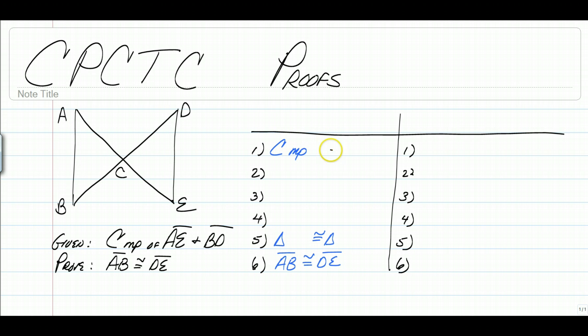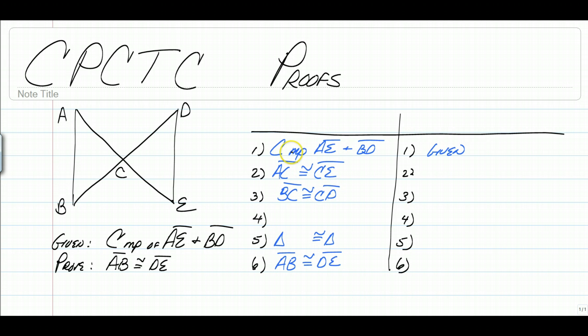C is the midpoint of both AE and BD. That was our given statement. As mentioned before, do not stop with a given until you've exhausted what you can figure out from it. We can figure out 2 things from this one given. We know that AC is going to be congruent to CE. We also know that BC is going to be congruent to CD.